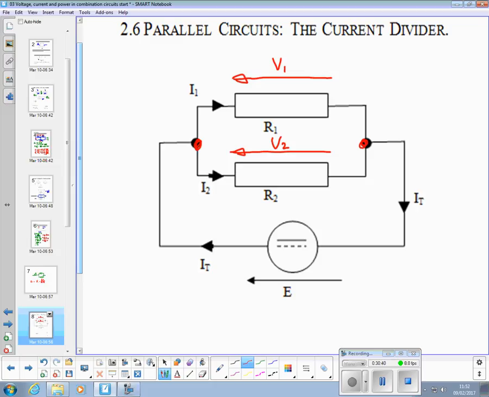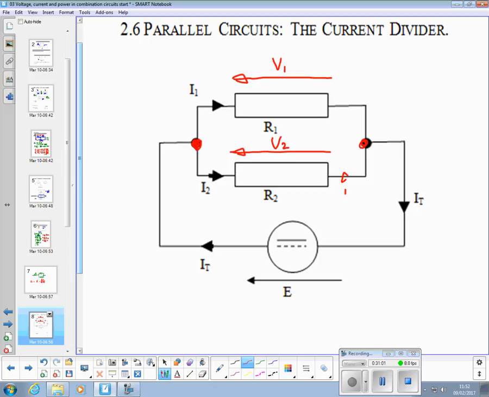However, the total current leaves the source. It comes to this connection, or another technical term for that is a node, where it splits. And some current goes through R1, some current goes through R2.